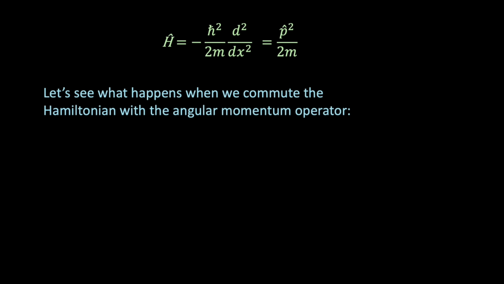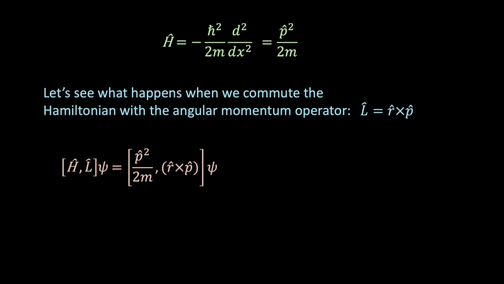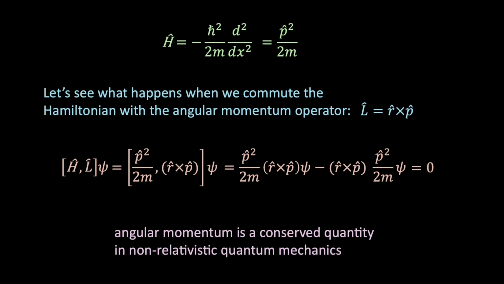Now, let's see what happens when we commute the Hamiltonian with the orbital angular momentum operator, which, as you hopefully recall, takes the following vector form. If we then explicitly calculate the commutator of H and L, we see that the result is equal to 0, and we conclude that angular momentum is a conserved quantity in non-relativistic quantum mechanics.